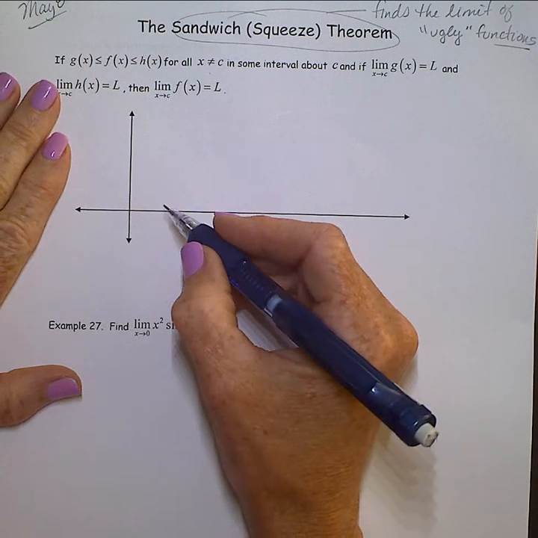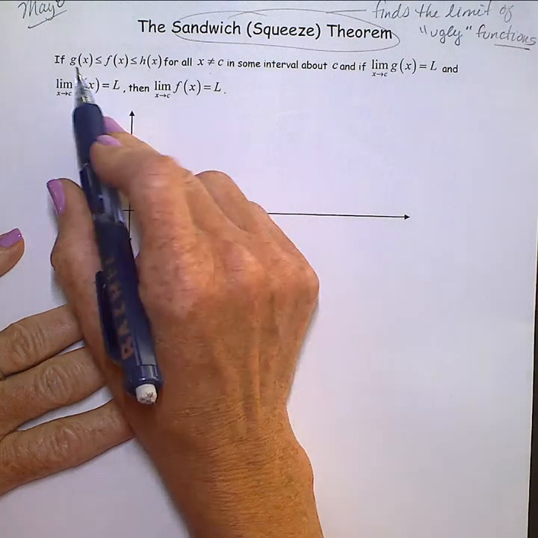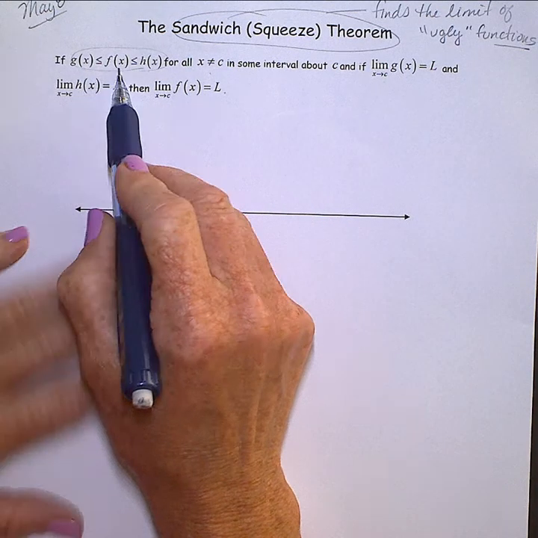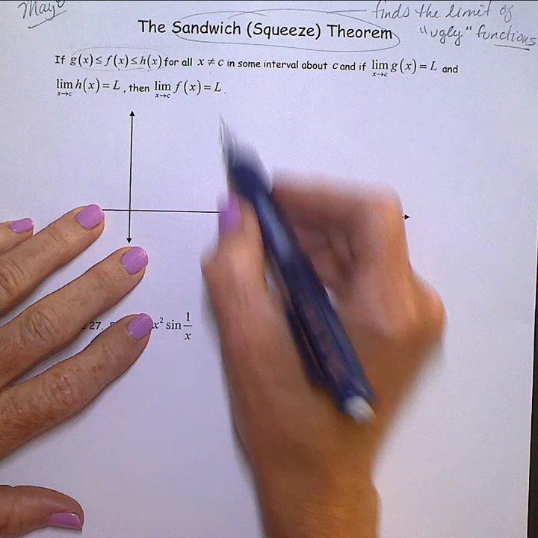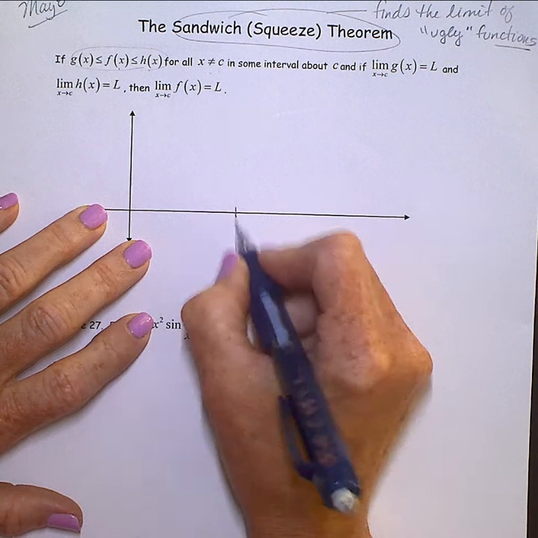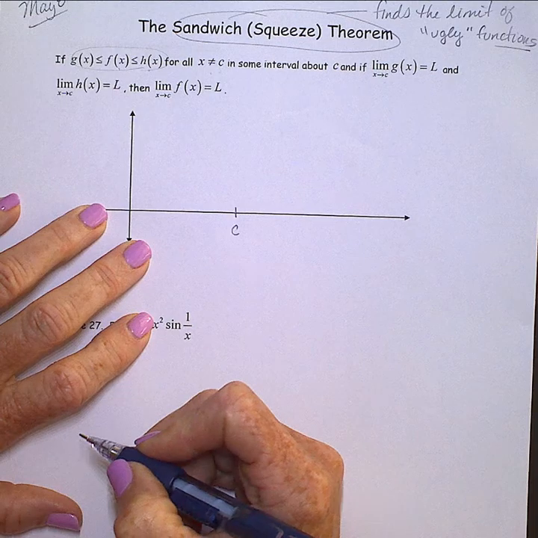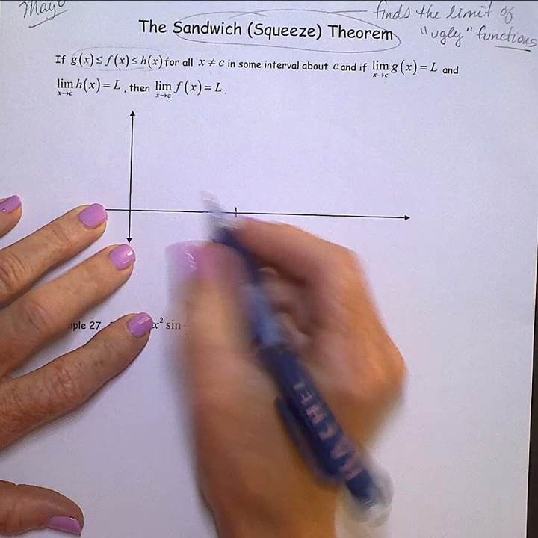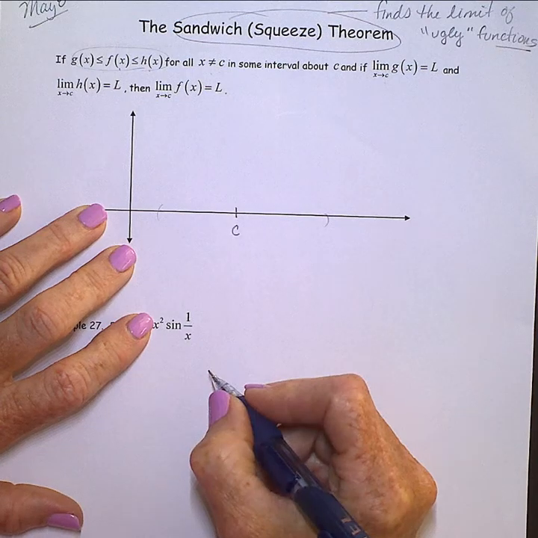So we've got this relationship between these 3 functions. g is less than or equal to f, which is less than or equal to h, everywhere for x not equal to c, in some interval around c.